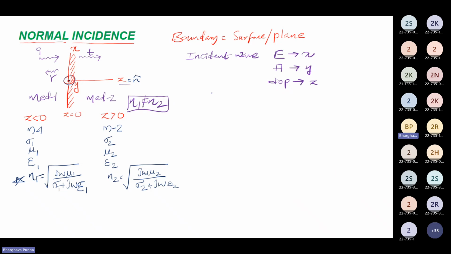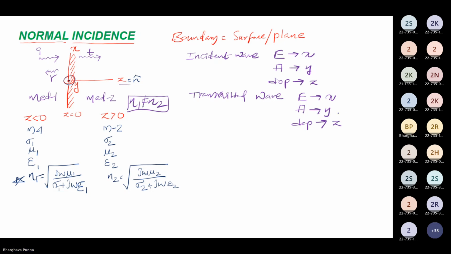Then for the transmitted wave, how will these orientations be? The electric field is still in the X direction only, the magnetic field is still oriented in the Y direction, and after entering medium 2, the wave is propagating along the Z direction.